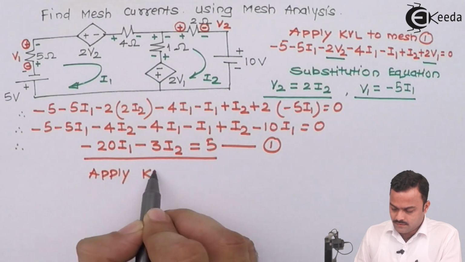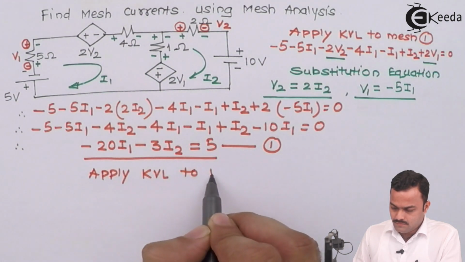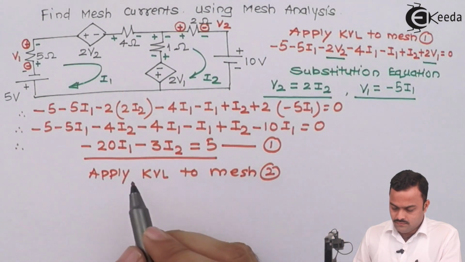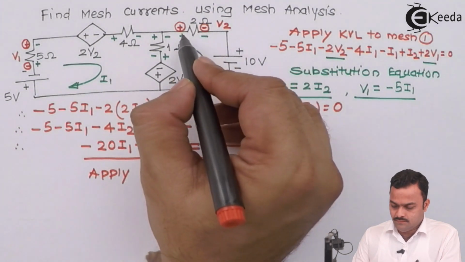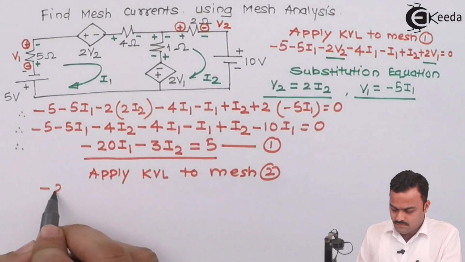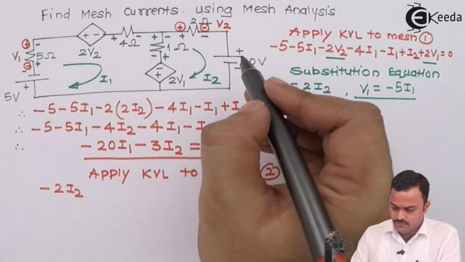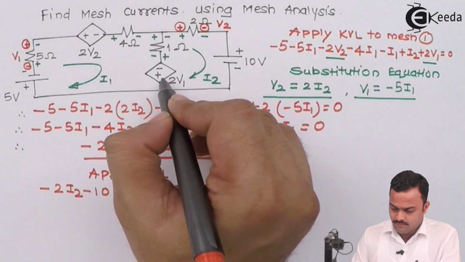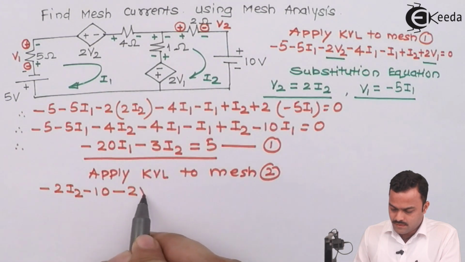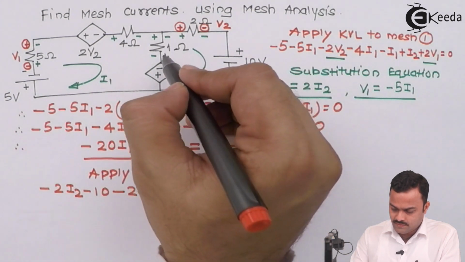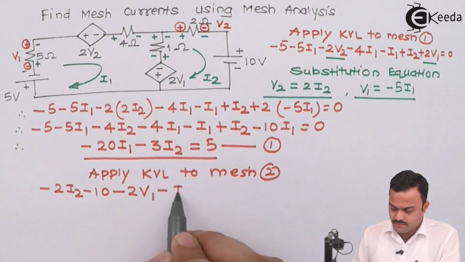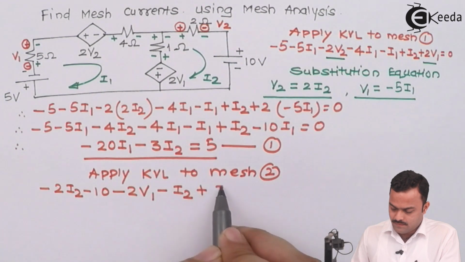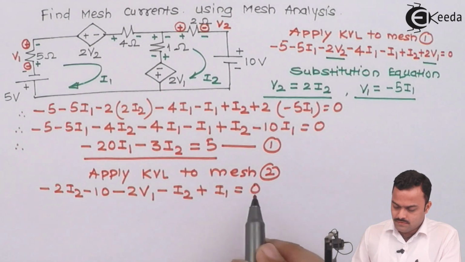So let's apply KVL to mesh 2. Let's start from here. Plus minus 2 I2, plus minus 10, plus minus 2 V1, plus minus I2, minus plus I1, equal to 0.